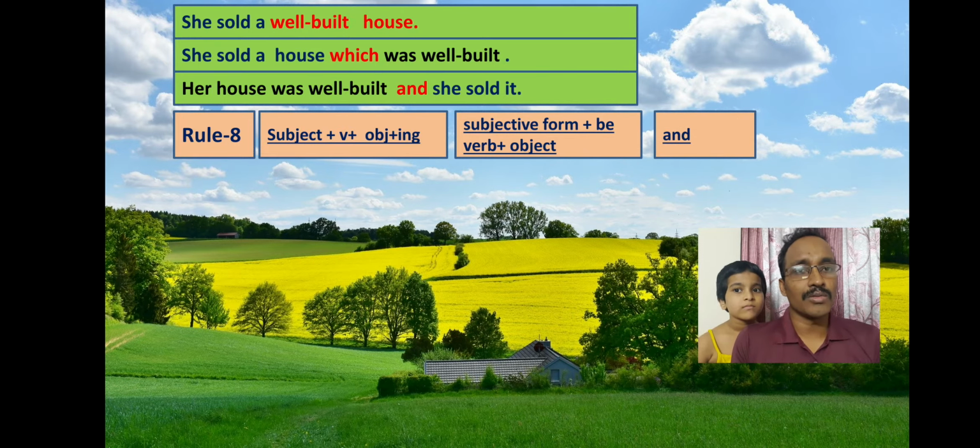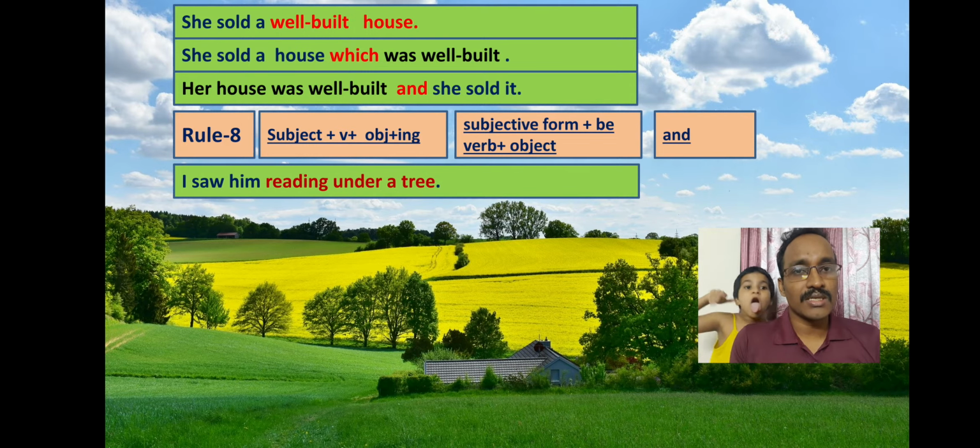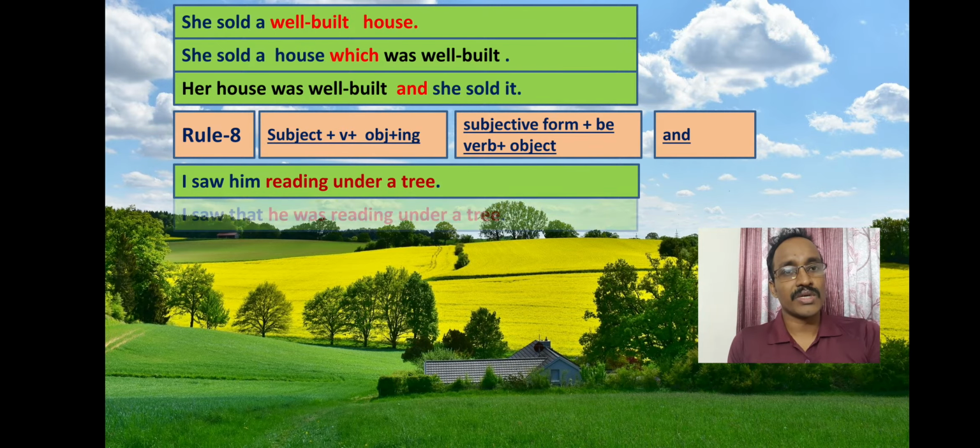So here also the same as the previous rule, and we can use a relative pronoun or that to make it a complex sentence. So here you see the example, I saw him, subject plus verb plus object, and then reading under a tree, that is the present participle, has been used here. So what should we do here?